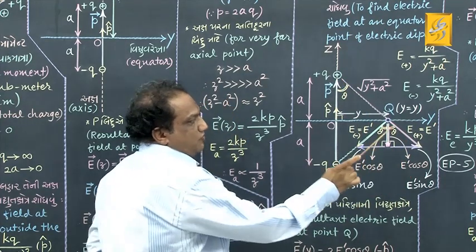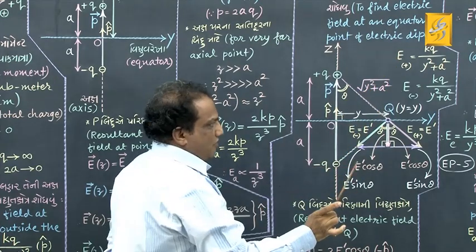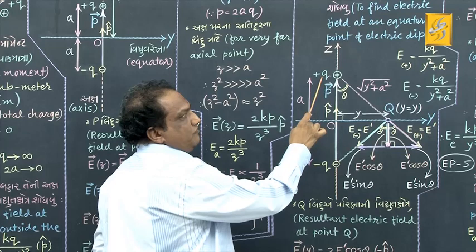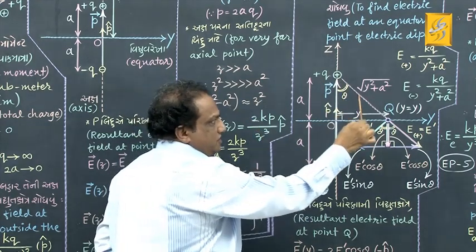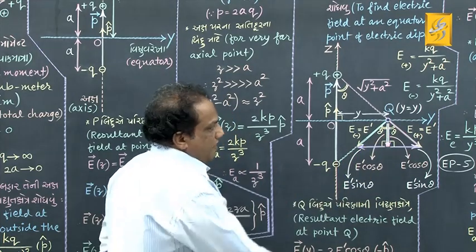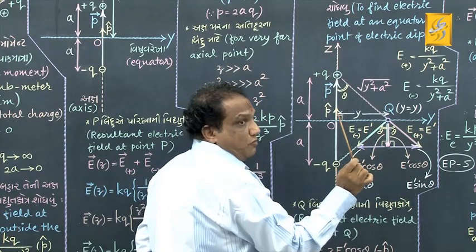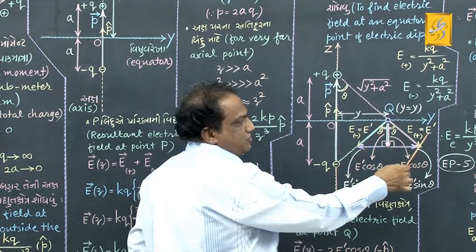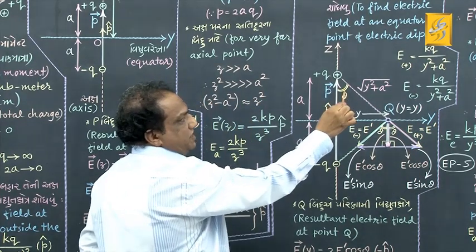Fine. So as far as the magnitudes of these two are concerned, the magnitudes are equal, because whatever is the magnitude of this charge, same is the magnitude of this charge. Whatever is this distance, same is this distance. If these two magnitudes are equal, I may show them by a common symbol. Let it be E dash. Now just take this angle as theta.